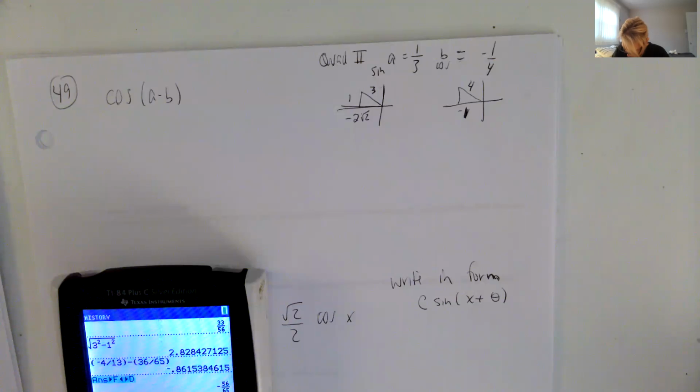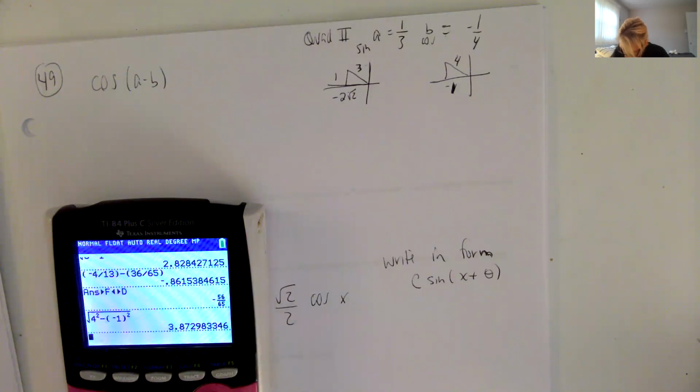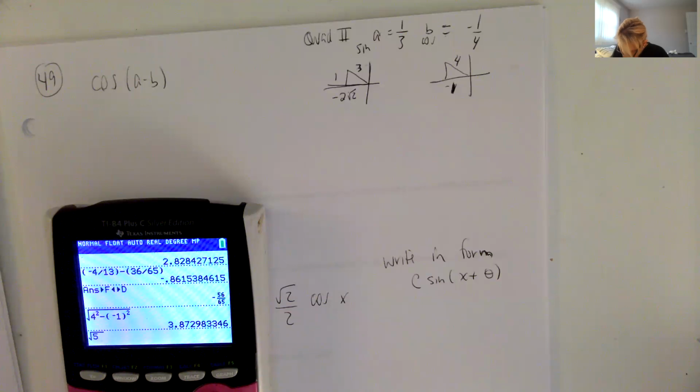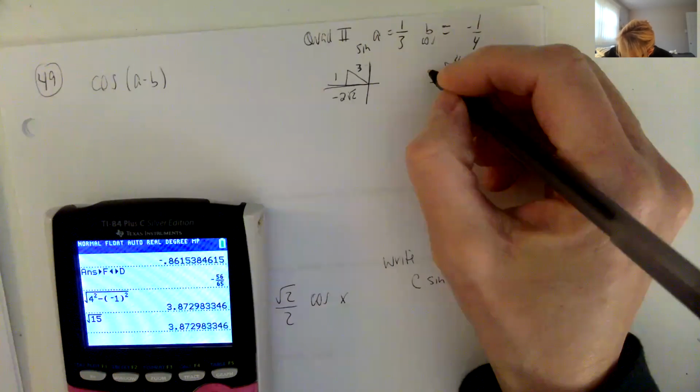So this one is going to be the square root of 4 squared minus -1 squared. And so that is the square root of 15. So this is the square root of 15.